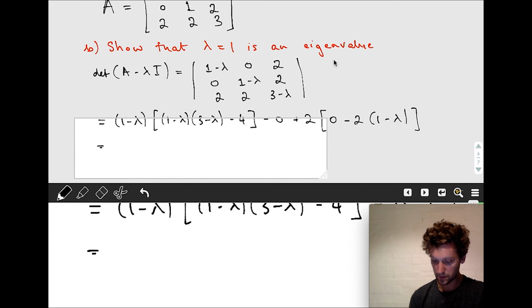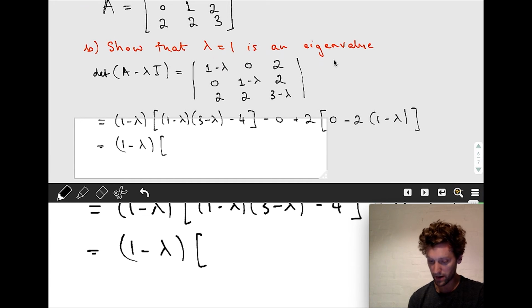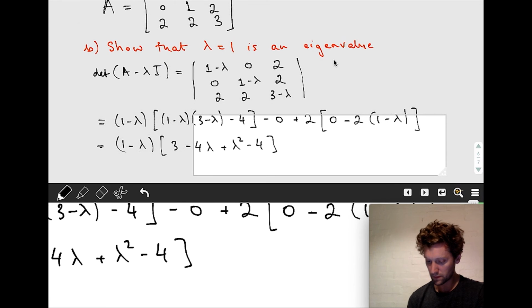Let's not just jump in here and multiply it all out. 1 minus lambda, let's multiply out the things in the square brackets at least. So I've got 3 minus 3 lambda minus lambda, so minus 4 lambda. I've got plus lambda squared, minus 4. Minus 4 times 1 minus lambda.